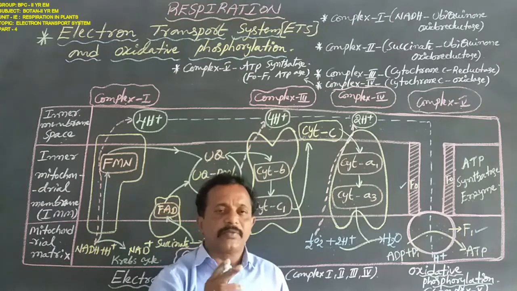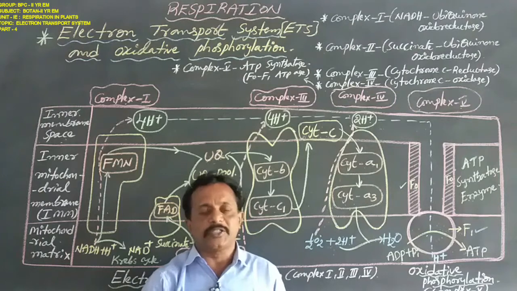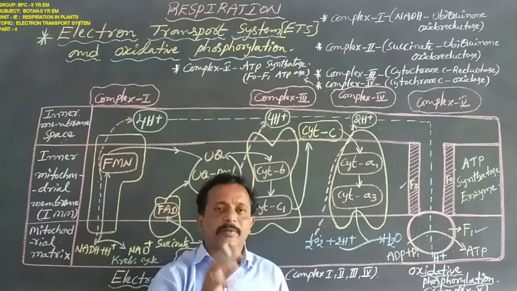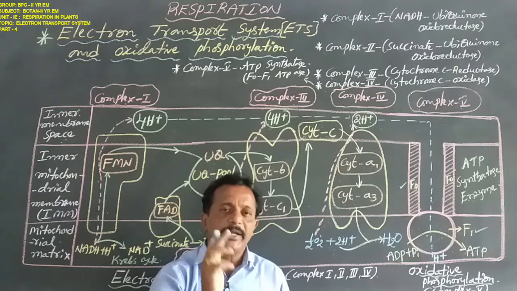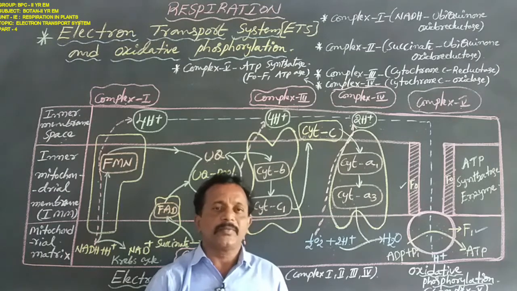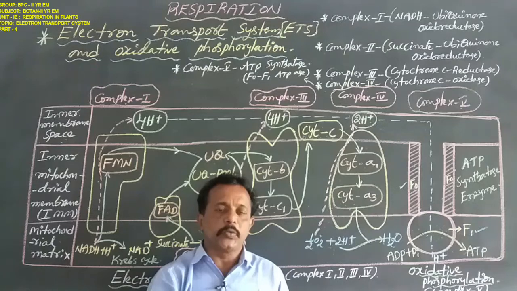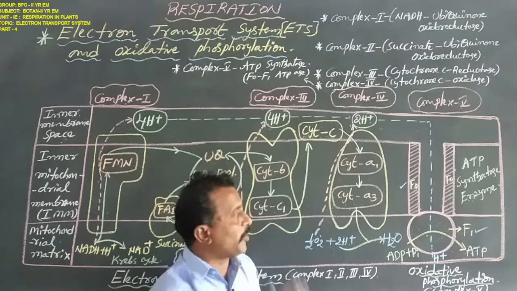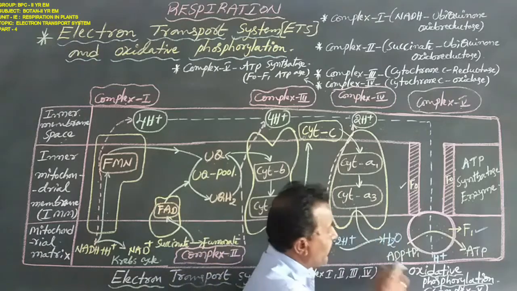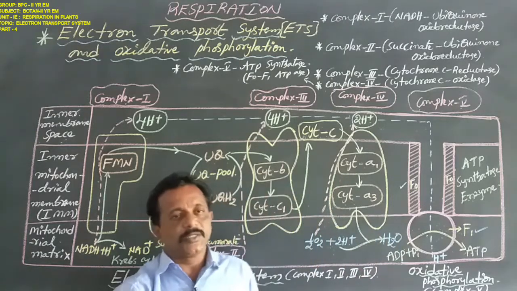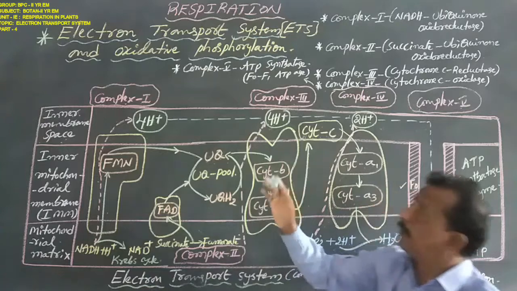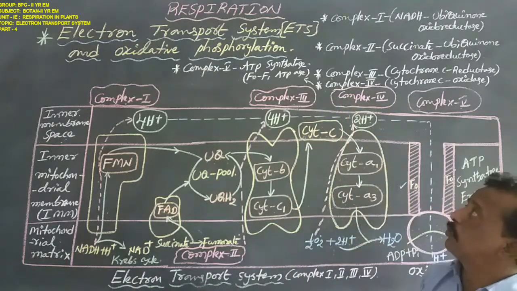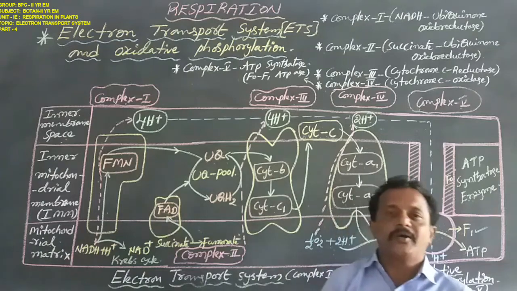And complex 5 is exclusively for oxidative phosphorylation, that is, the synthesis of ATP molecules from adenosine diphosphate and inorganic phosphate, coupled from any substrate to molecular oxygen. That is called oxidative phosphorylation. So this is about the electron transport system in respiration and oxidative phosphorylation. Okay, now thank you.